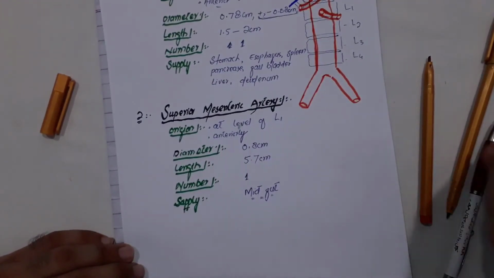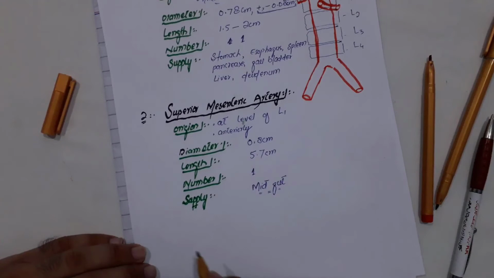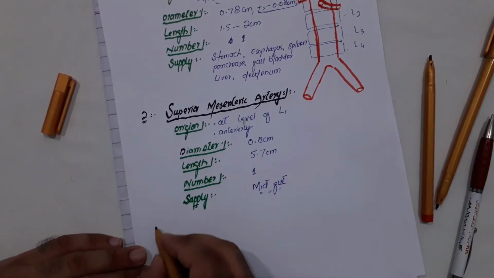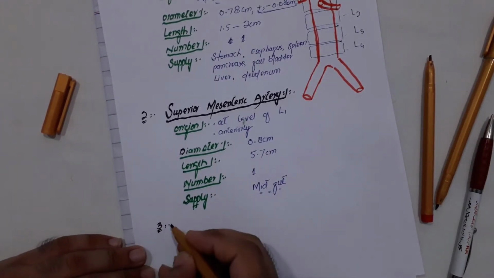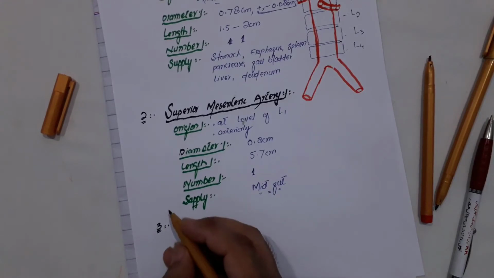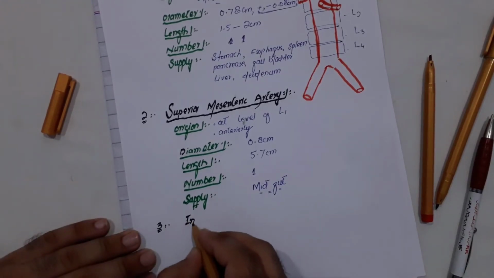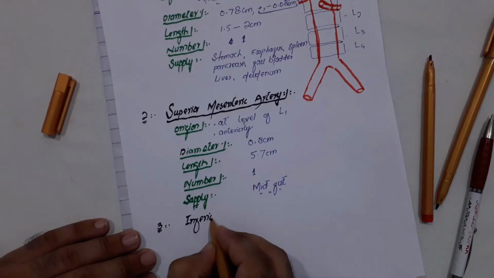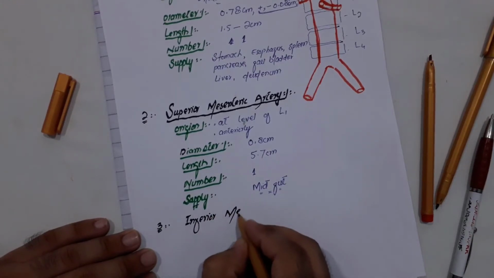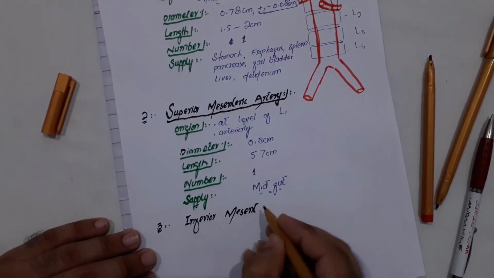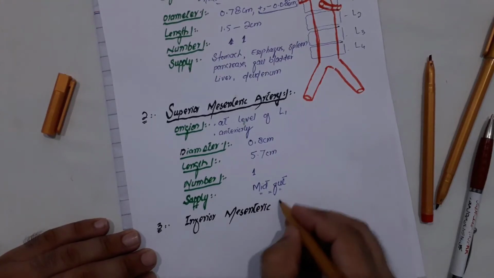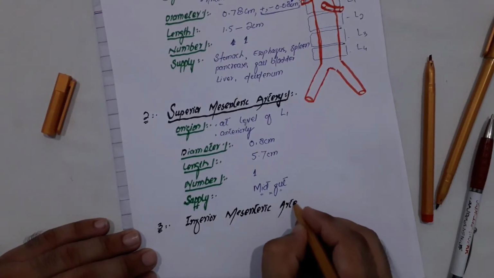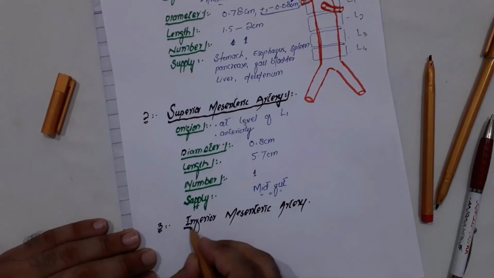Then there is the third big artery which arises from the abdominal aorta, the third unpaired branch, that is the inferior mesenteric artery, right, friends?